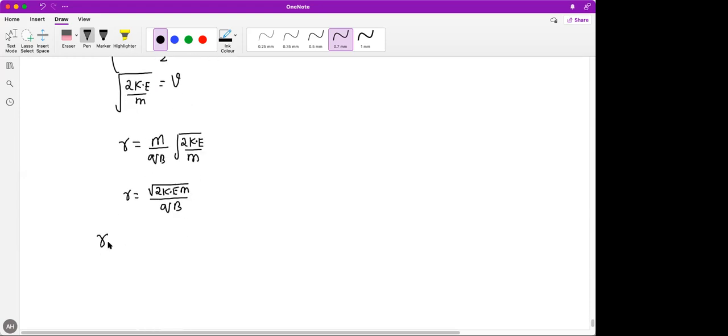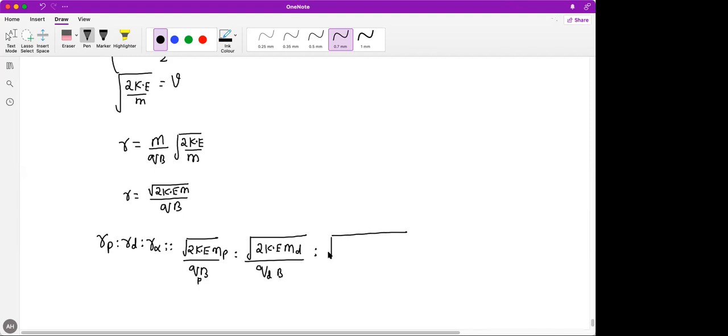Now, you can take the ratio of path of proton, path of deuteron, path of alpha particle. It's root over twice of kinetic energy into m by qB. It's mass of proton, it's charge of proton. Then this is root over twice of kinetic energy into mass of deuteron by charge of deuteron into magnetic field.